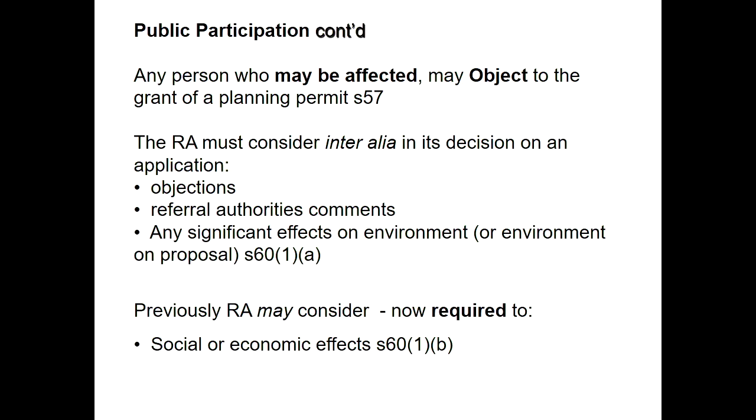So, to follow the gentleman's example there, if I object because the new shopping centre is going to take away business and I'll lose money, unless it's a very unusual case, that's not a consideration that the planning scheme includes. That objection would just be lodged, but ignored.